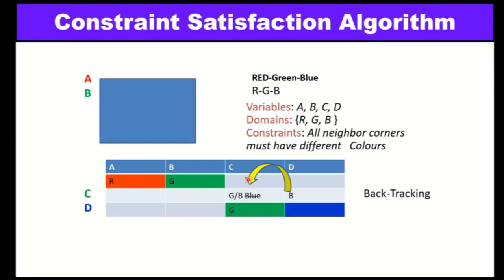Now while assigning blue, see, we have an overlap. If I apply blue, then there will be a problem. So what we do, we go to the next state and look back to the previous state. This is what is called backtracking. So we consider some single next state and again resolve the constraint. This is how backtracking works.